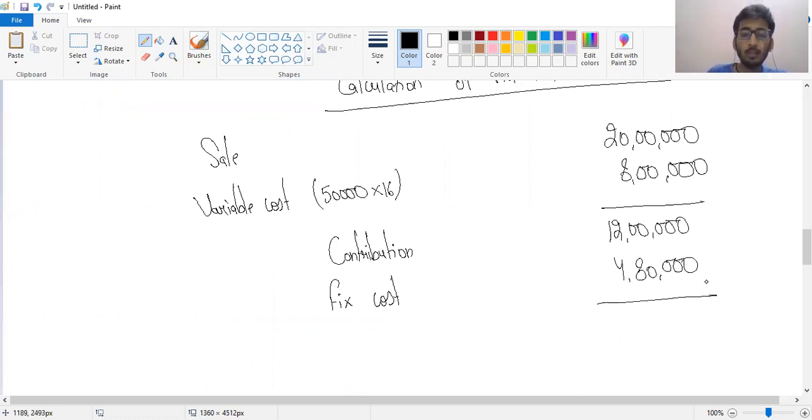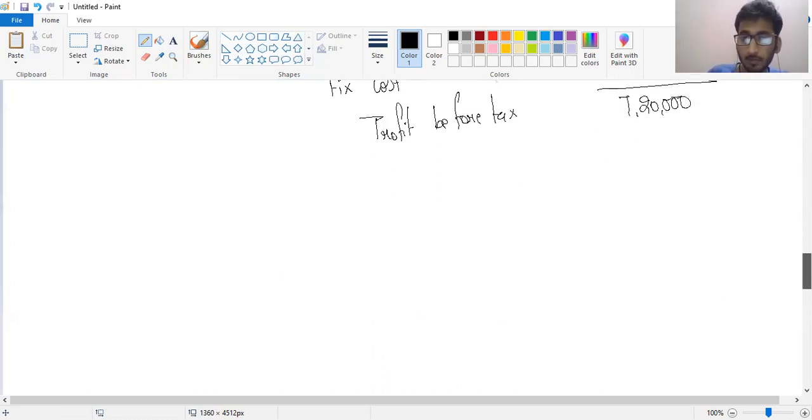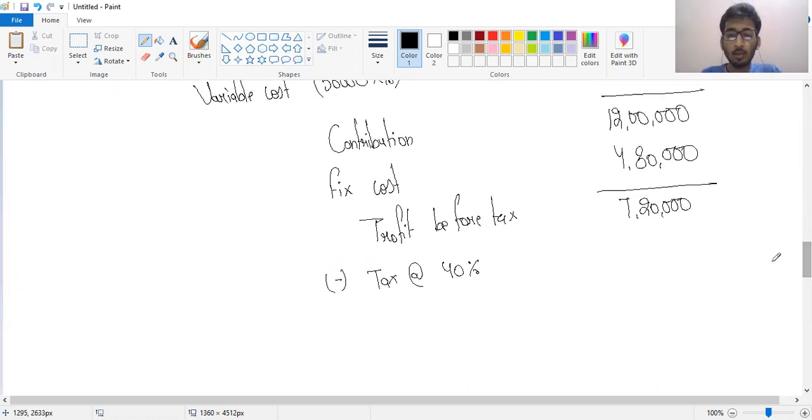So what can I say? I can say profit before tax. Profit before tax is 7,20,000. Yes. And minus tax at the rate 40%. So calculate the tax at the rate 40%. Just a second. 720 multiplied by 0.4, I can say 288.